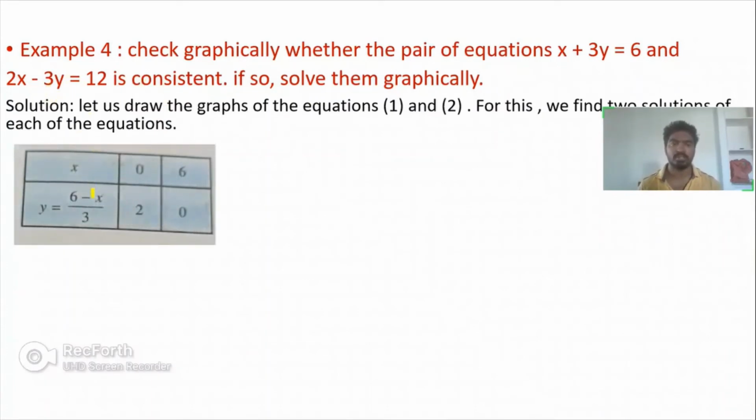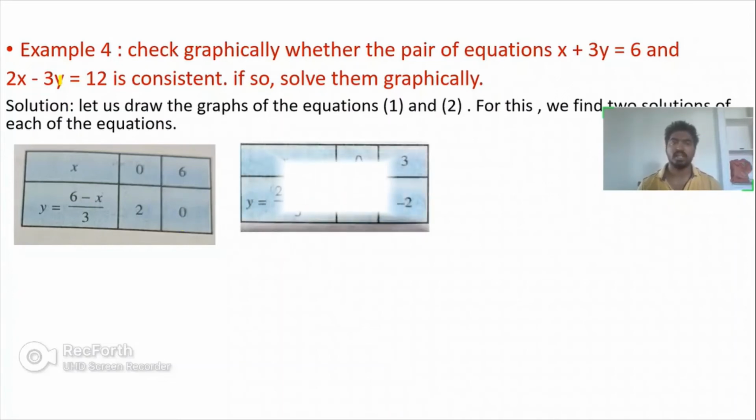So now we have to frame tables. The table for the first equation, x plus 3y is equal to 6: if x is equal to 0, then when you substitute, y is equal to 6 minus 0 by 3, which is equal to 2. If I take x is equal to 6, then y becomes 0.